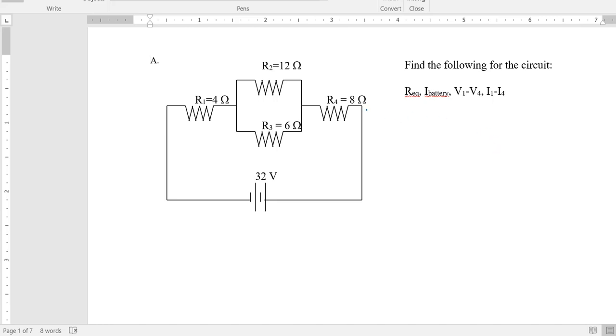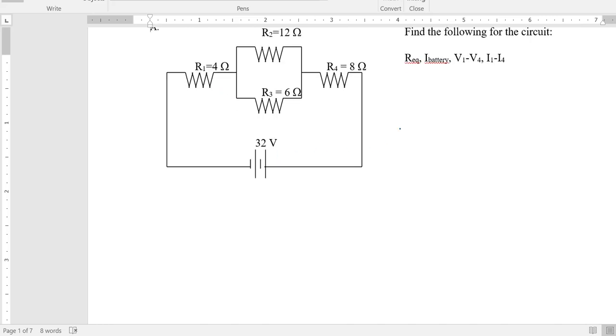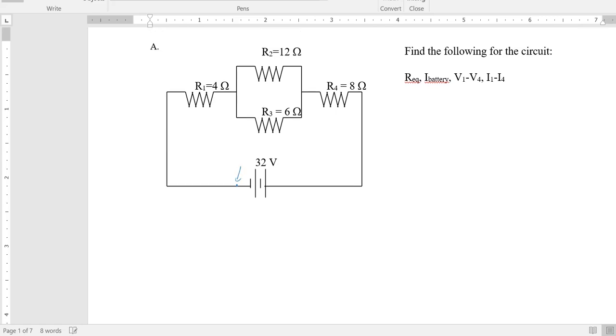We're going to figure out the current everywhere and the voltages everywhere, both the voltage drops and also the absolute voltages everywhere. Now, by the way, for absolute voltage, we always say at the beginning of the battery, we call this 0 volts, and then we call the end of the battery whatever it is, which in this case is 32 volts. Those are the absolute voltages at those two places.